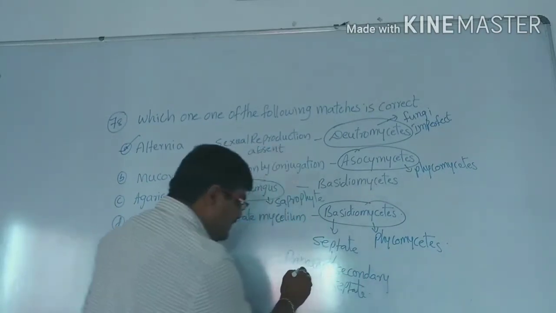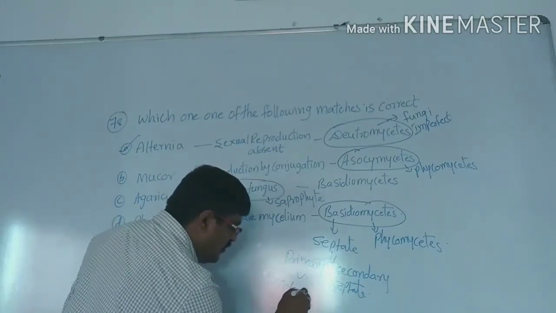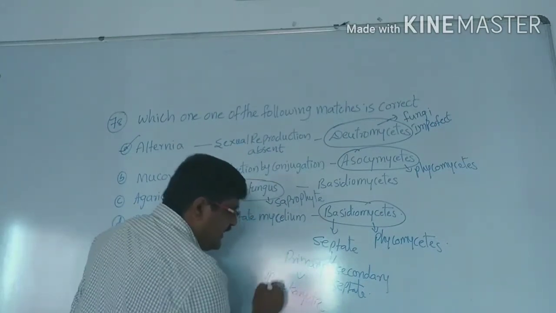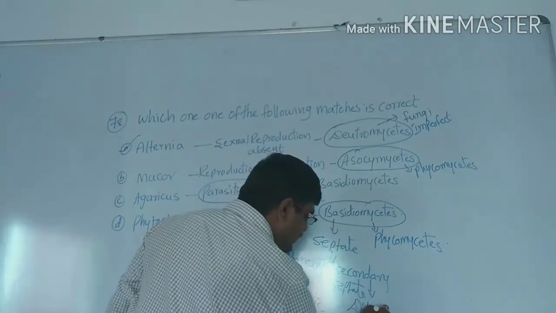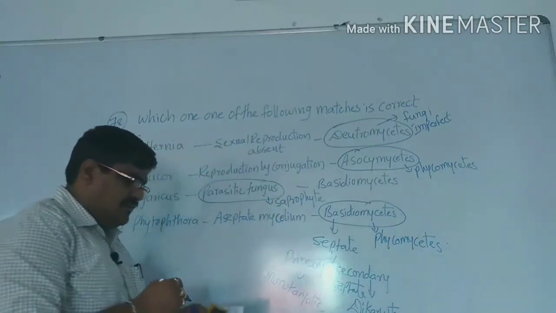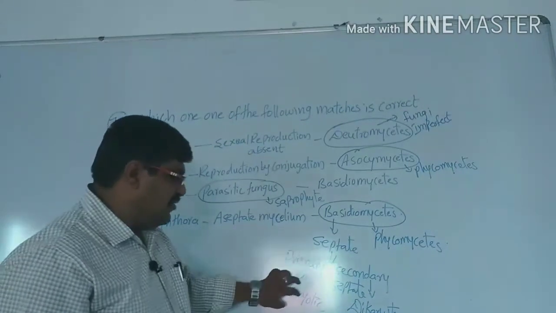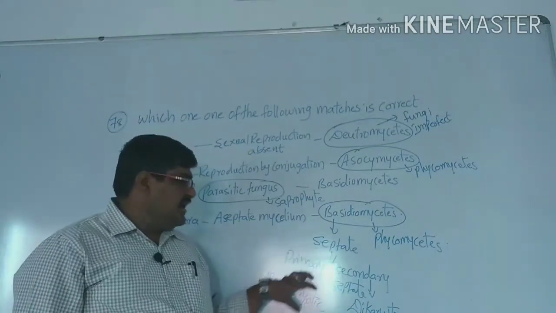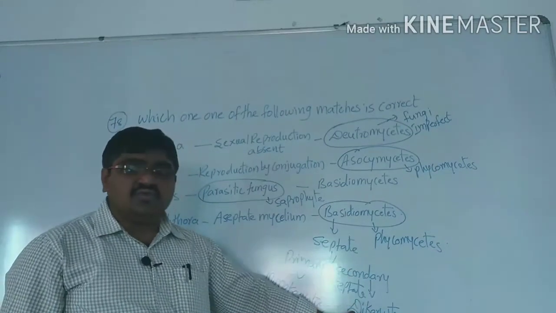The primary septate is monokaryotic and the secondary is dikaryotic. Monokaryotic means the primary mycelium has only one nucleus in Basidiomycetes, and the secondary mycelium has two nuclei.